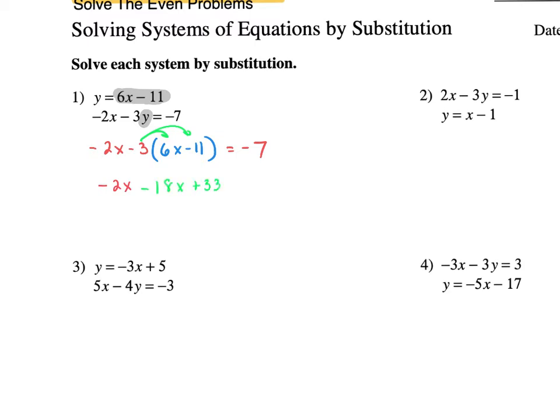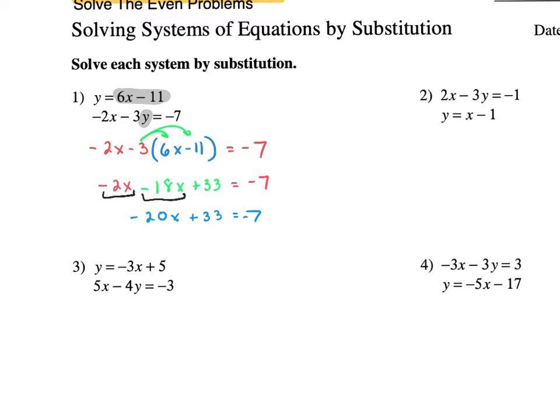Negative 3 times negative 11 equals negative 7. We've got some like terms here, an x term and an x term. They're both negative, so we just add those and keep it negative. It's negative 20x plus 33 equals negative 7.